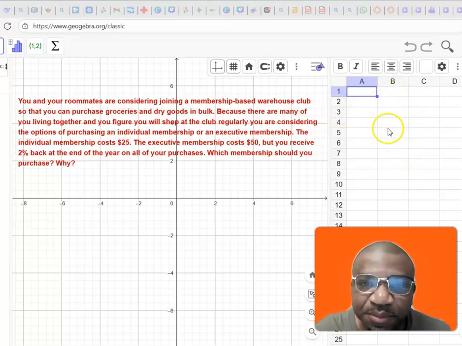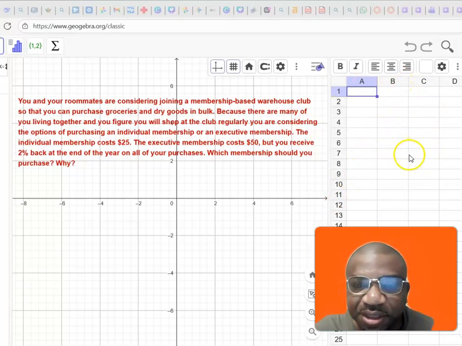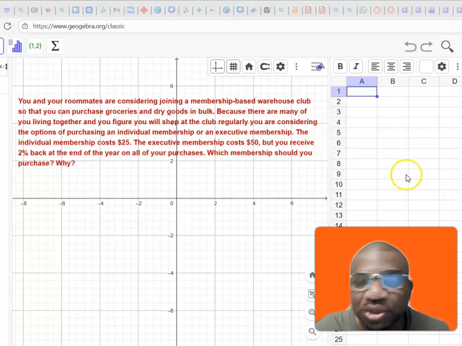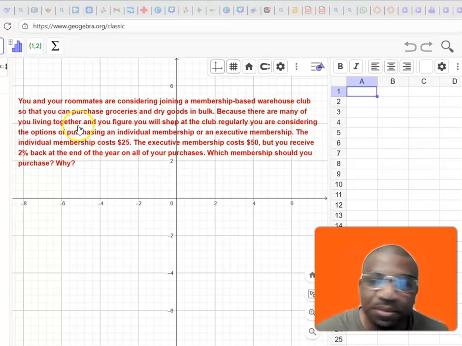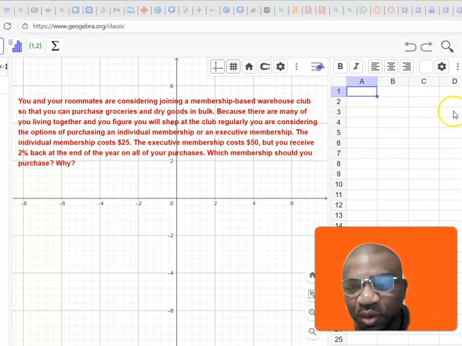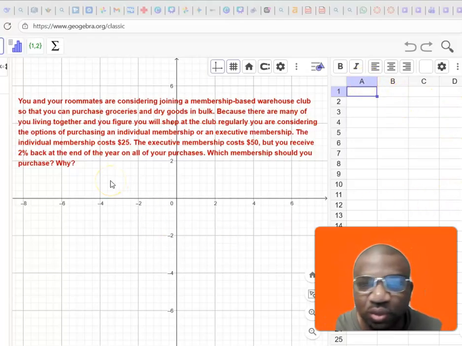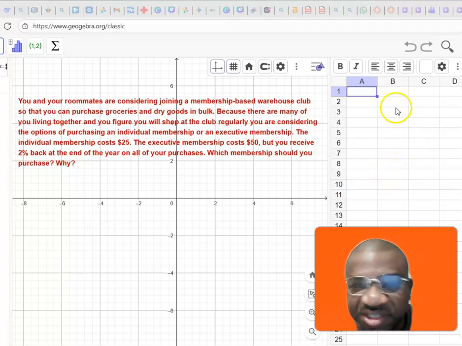This is GeoGebra. So this problem will be solved on GeoGebra. And here it's the spreadsheet that will be needed to solve this algebra problem. And here I have about 4 columns, but 2 columns will be needed because we're going to use A and B, and the line in between them will serve as an inequality sign.